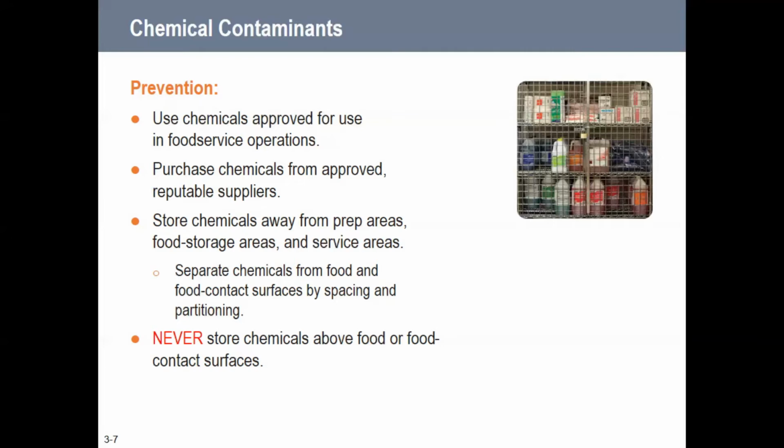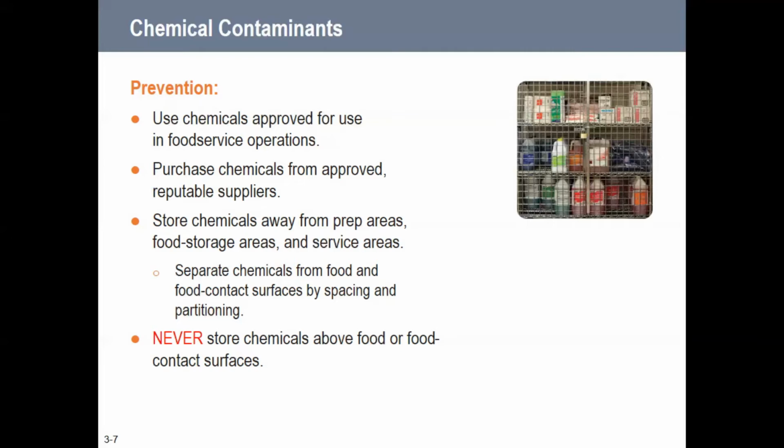So, for example, with the dish machine area, we have it stored underneath the clean side. You wouldn't want to store it above the clean side, because if you've got clean dishes that are drying there and you have chemicals stored above, if some of those chemicals happen to leak, they're going to leak down onto those clean dishes.